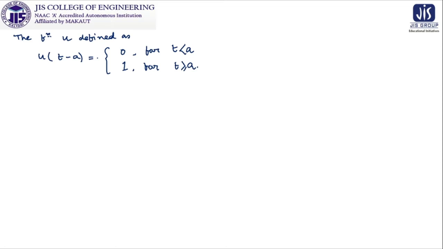It is a very important function because it will help a lot in describing other functions in unit steps, where a is always positive. It is called the unit step function, or sometimes it is termed Heaviside's unit step function.